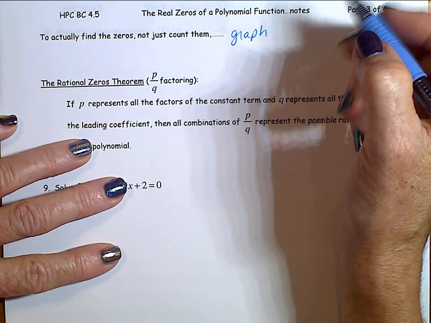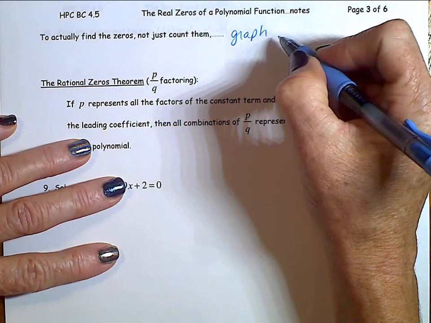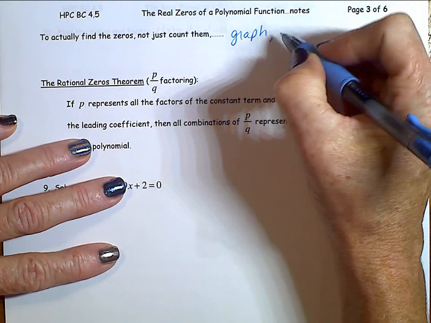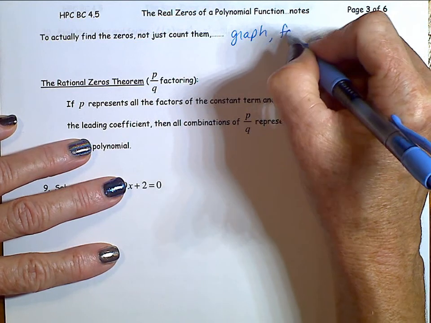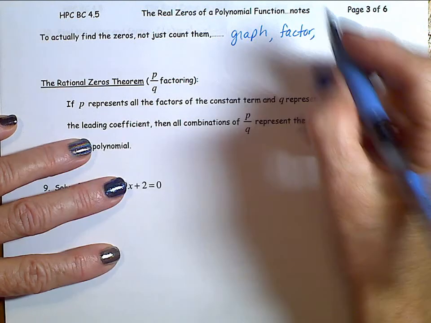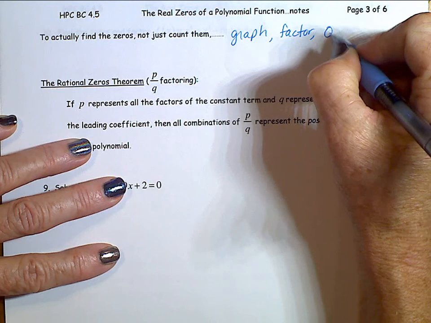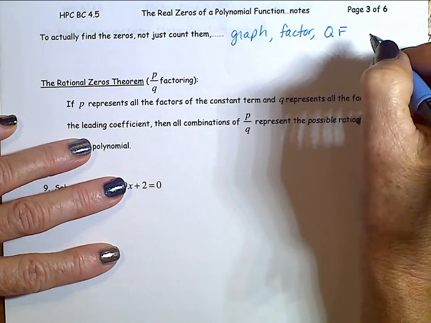Type that up in your calculator and get the graph, and then use second calc 0 if they look ugly. We can factor. That'll find zeros. We can use the quadratic formula if we happen to have a quadratic equation.